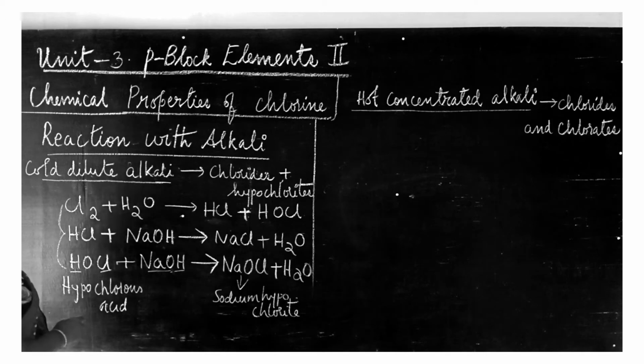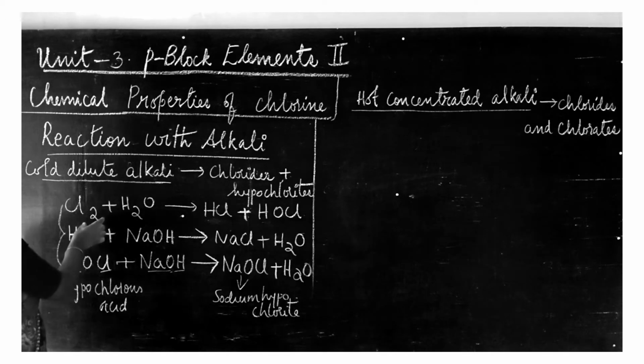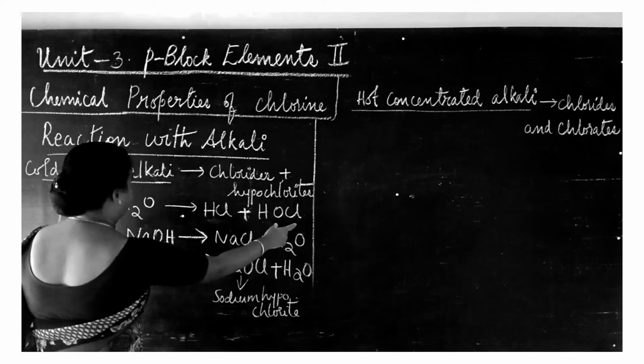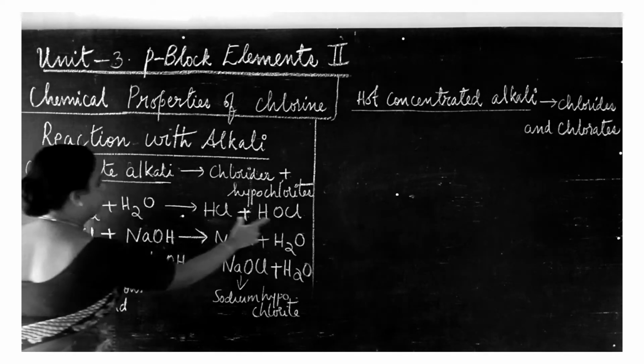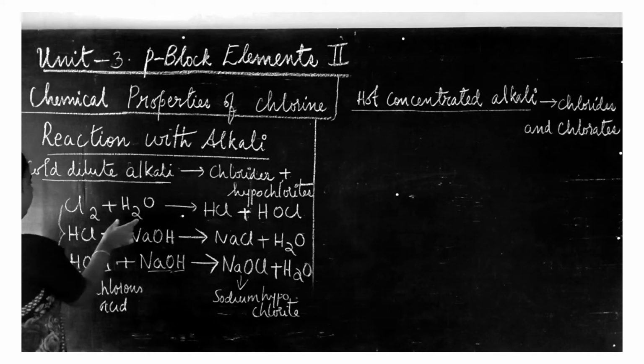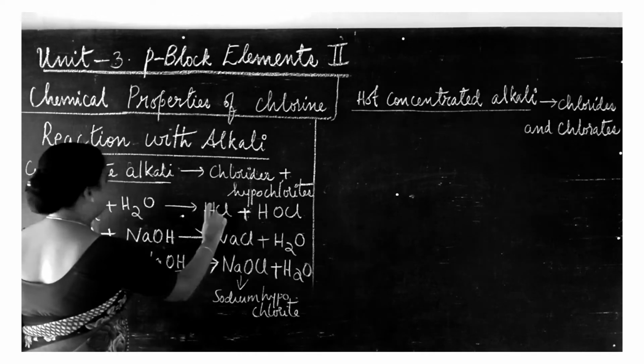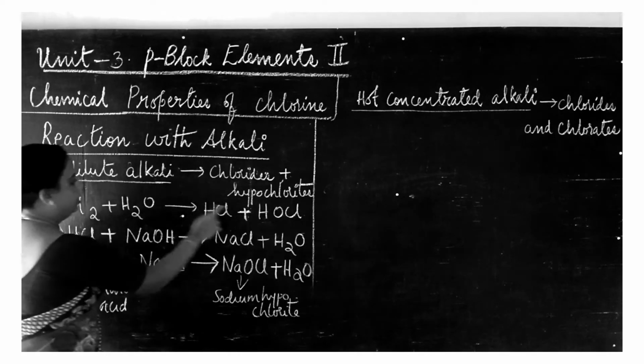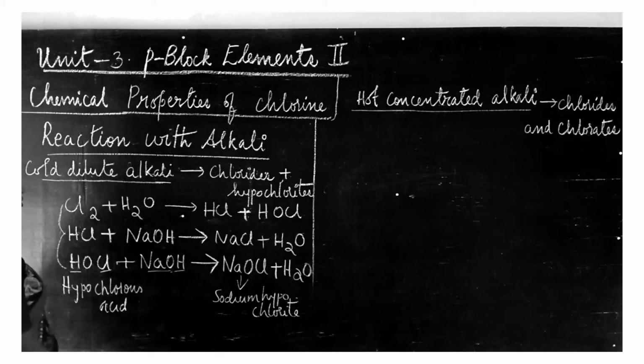Before writing the net reaction, let us balance it. Here it is 2 chlorine, whereas here only 1 chlorine, so here also 2 chlorine. Here 2 hydrogen, here also 2 hydrogen, so that is balanced. Here one oxygen, balanced.